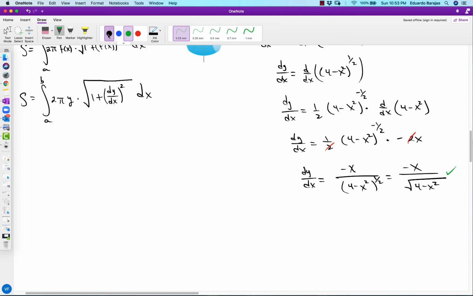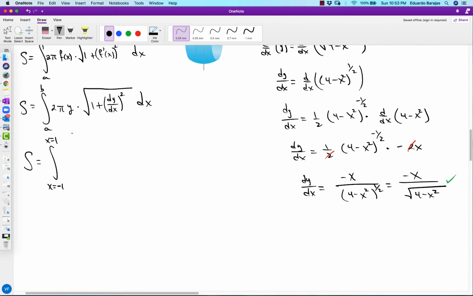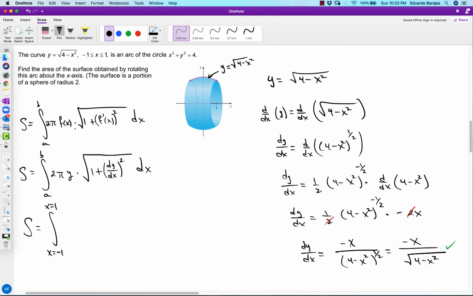So now back to this equation. S is going to be the integral where x ranges from negative 1 to positive 1. And then this is just the constant, 2 pi.